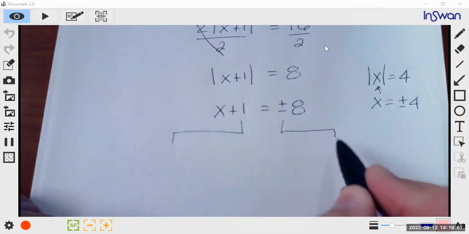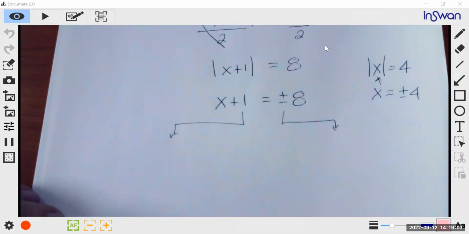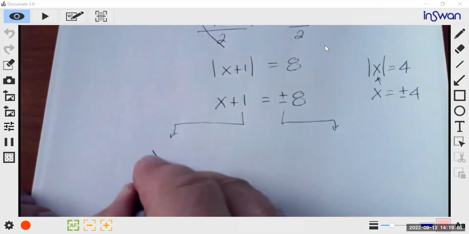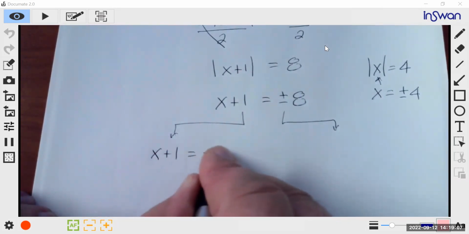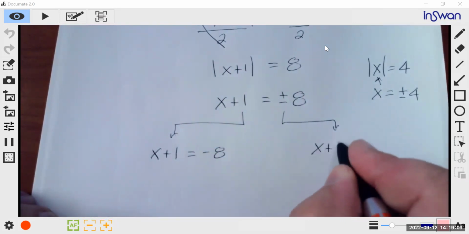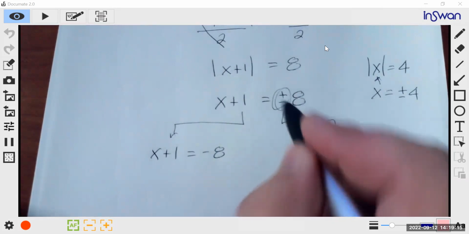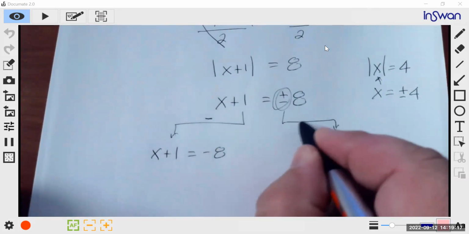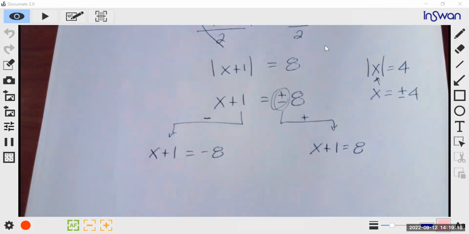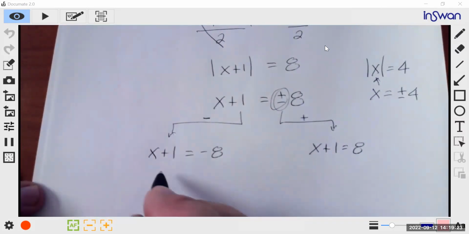Once you do that, then you have your 2 equations to solve. x plus 1 equals -8, and x plus 1 equals +8, because you have to take one of each of these. Here's the minus sign, here's the plus sign. Solve for x.